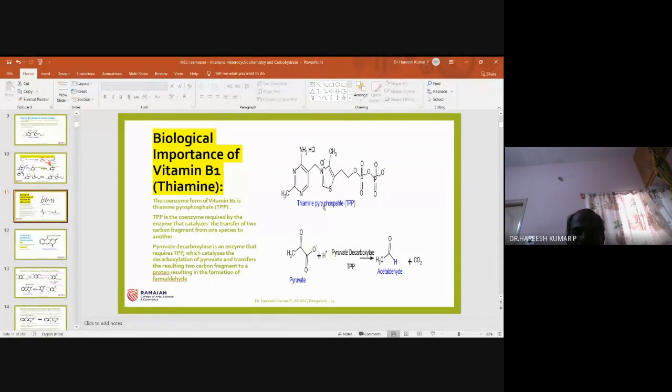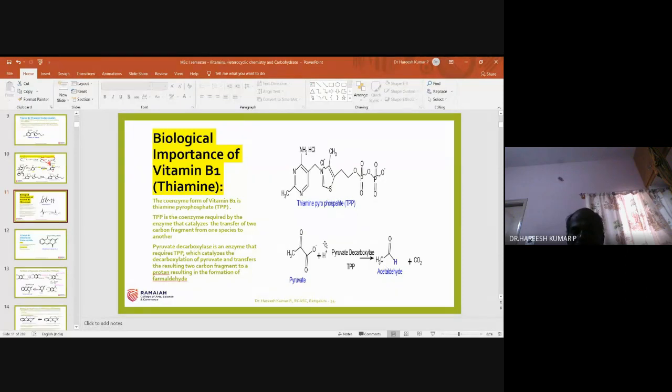It is required by the enzymes that catalyze the transfer of a two carbon unit. You can observe that CO2 will go out as decarboxylation, but the two carbon unit is transferred to a proton. That is how acetaldehyde is obtained.